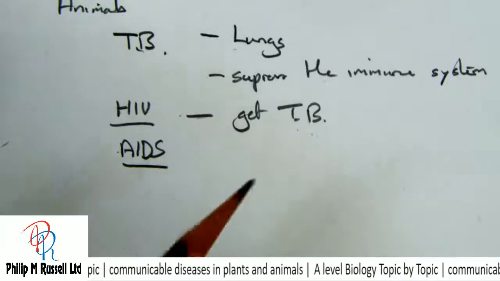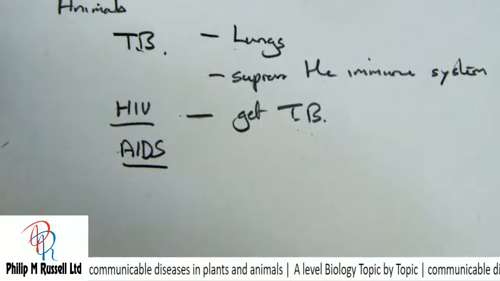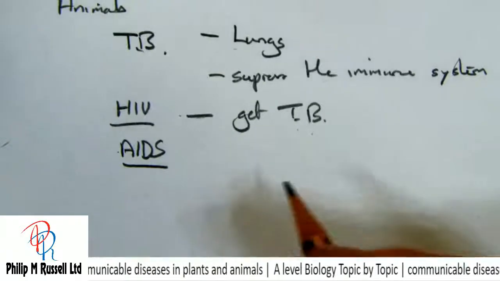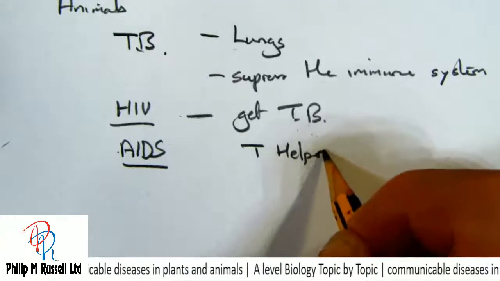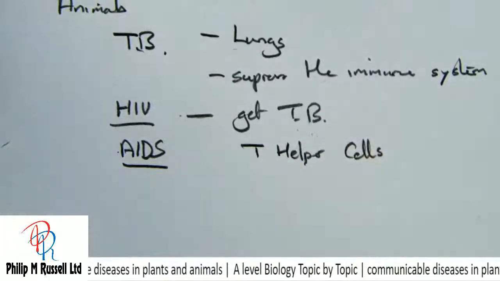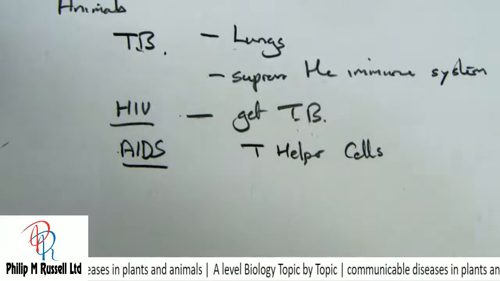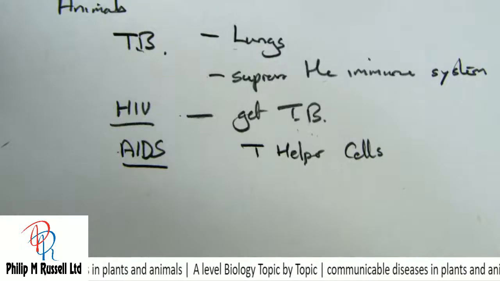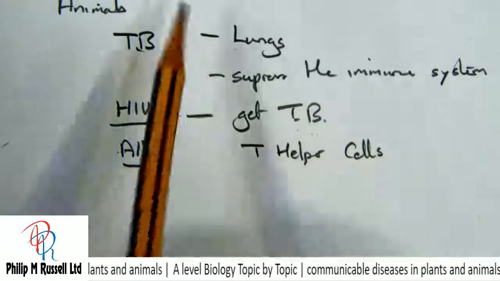Now, this HIV virus targets particular cells. It targets the T helper cells. And more of this in our next video. Basically, it gradually destroys the immune system, so affected people are basically open to, well, every other infection, such as, well, TB.